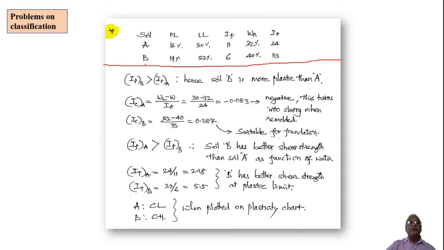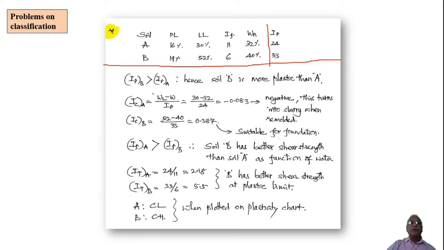Soil A and B: plastic limit, liquid limit, flow index, natural water content, and then plasticity index is calculated: 16, 30, 24, 19, 52, it is 33. This is a worked out quantity IP, because we have been given plastic limit and liquid limit. One can calculate IP. IP is WL, the liquid limit, minus plastic limit.